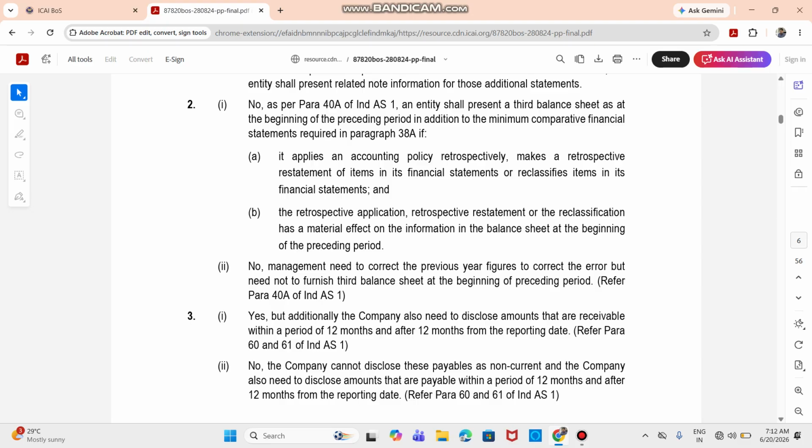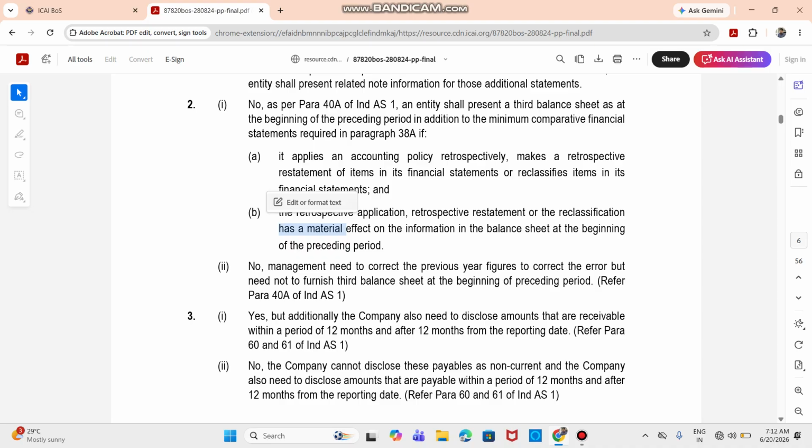So first one is, as per para 40A of Ind AS 1, an entity shall present a third balance sheet at the beginning of the preceding period in addition to the minimum comparative, because this you need to reproduce as it is, if it applies an accounting policy retrospectively, makes a retrospective restatement of items in FS or reclassifies items in FS, and the retrospective application, retrospective restatement or reclassification has a material effect on the information in the balance sheet at the beginning of the preceding period.